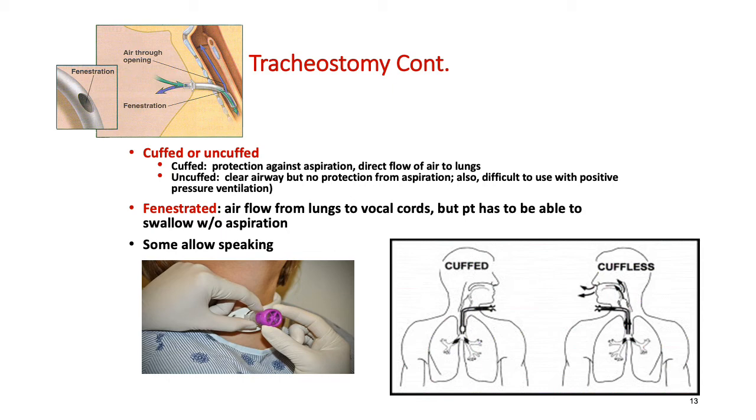When the cuff is deflated, the patient can swallow more easily because that pressure isn't on the tracheal mucosa and it's not putting pressure on the esophagus that sits right behind it, so they can eat more easily. Patients with uncuffed tubes can speak because air is allowed to flow up and over the larynx and the vocal cords, so they can actually have vocalizations.